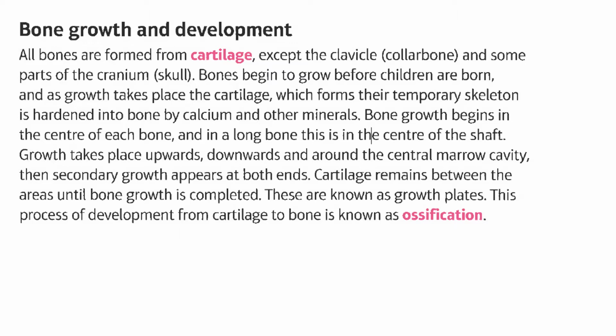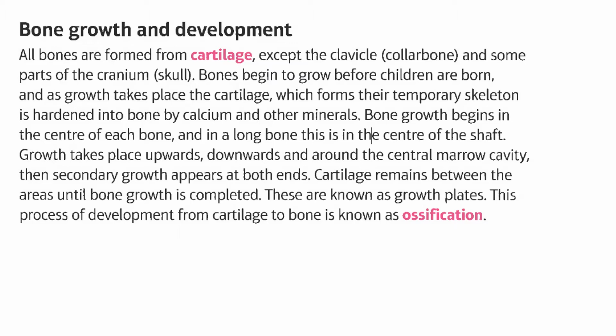So that's the collarbone, the one that you can feel at the bottom of your neck. If you just feel it there, you can feel the bone that runs out towards the shoulder and the deltoid muscle. When we're born, bones are growing and they grow all the way through and they develop from cartilage.